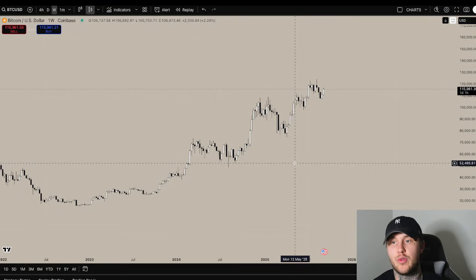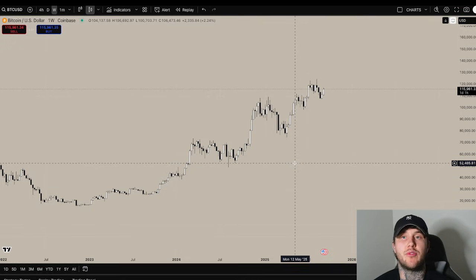There's no point shorting an uptrend or longing a downtrend or selling the bottom in a range or buying the top in a range because you think that price is going to go up when it's clearly in a range. So understanding price action is the key to helping you make better decisions in the market.